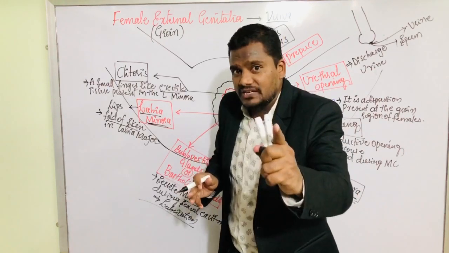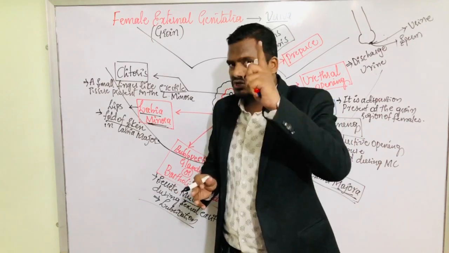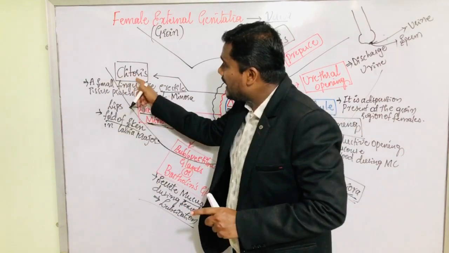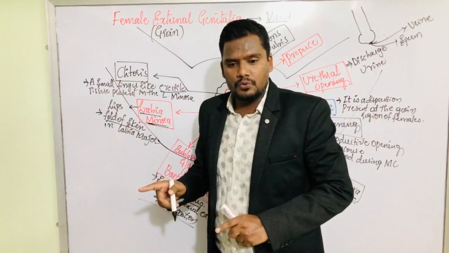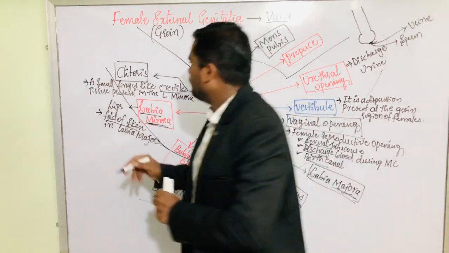Structurally, male penis, listen to this statement very carefully, my dear friends. Structurally, male penis and the female clitoris are made up of the same kind of tissue. That is corpora cavernosa.